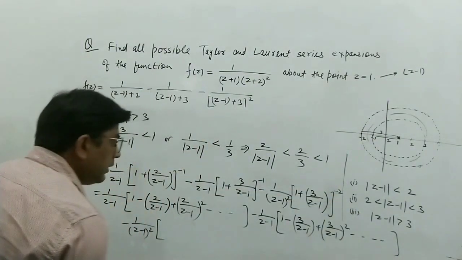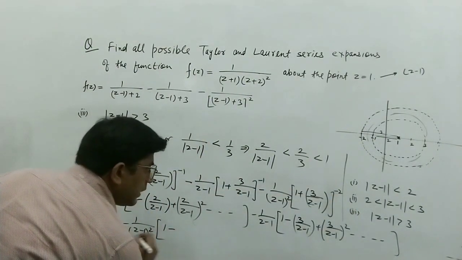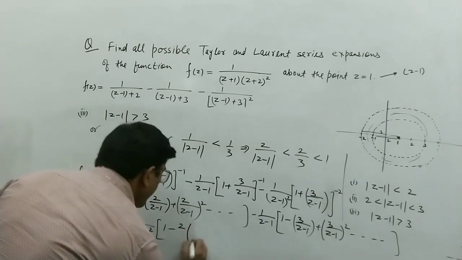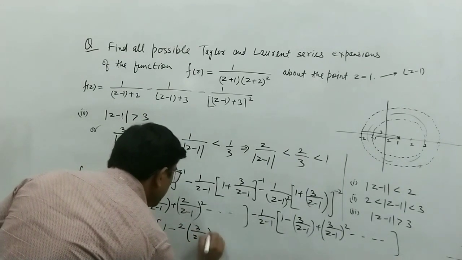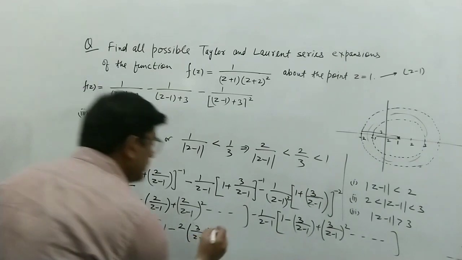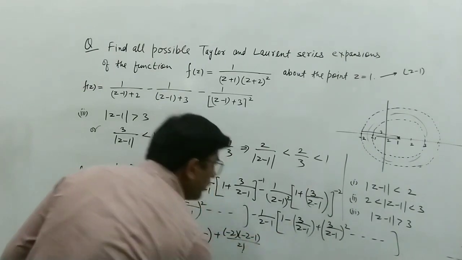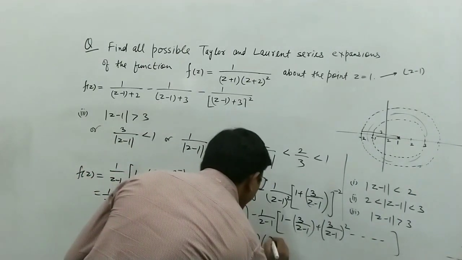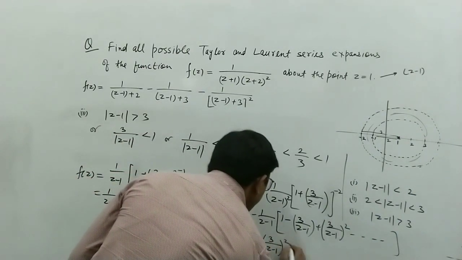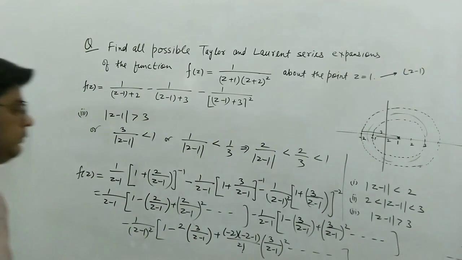So when we expand here, this we can write as 1 minus 2 times 3 upon z minus 1, and then plus minus 2 into minus 2 minus 1 upon 2 factorial times 3 upon z minus 1 square. Okay.